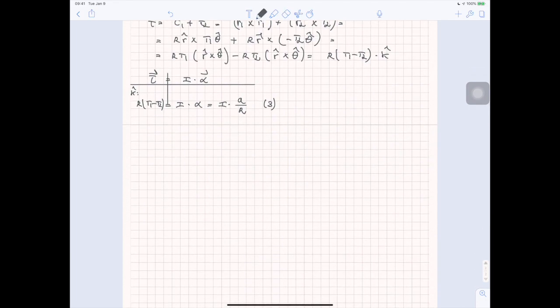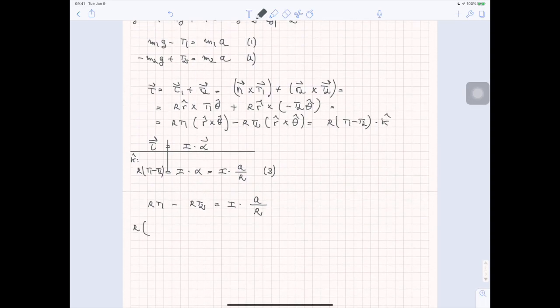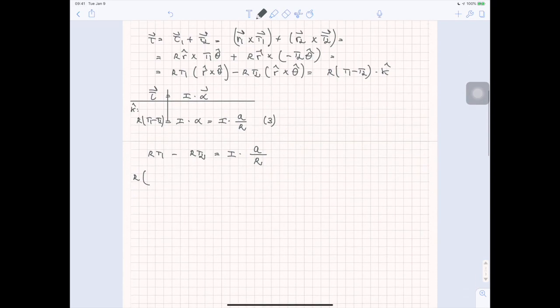So then we have R T1 minus R T2 equals I times A divided by R. So let's replace now T1, and T1 is therefore M1G minus M1A.